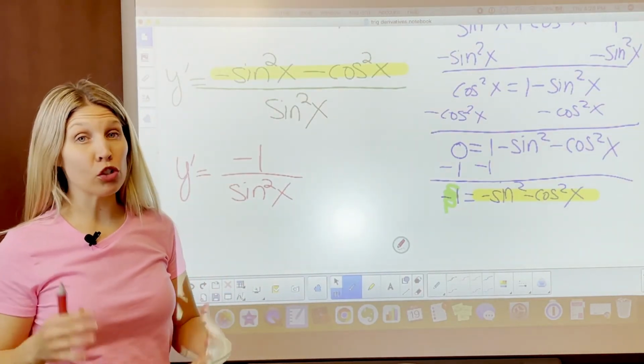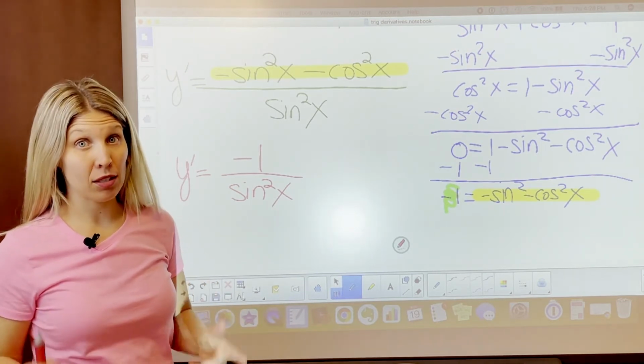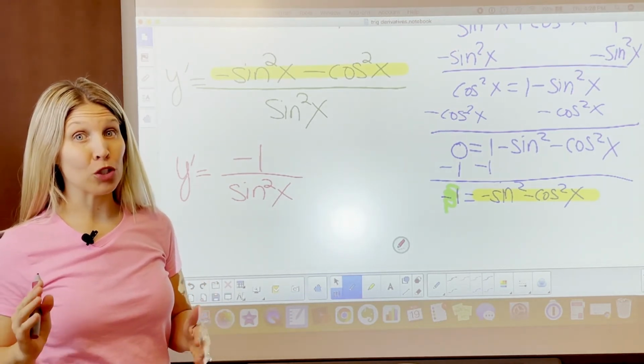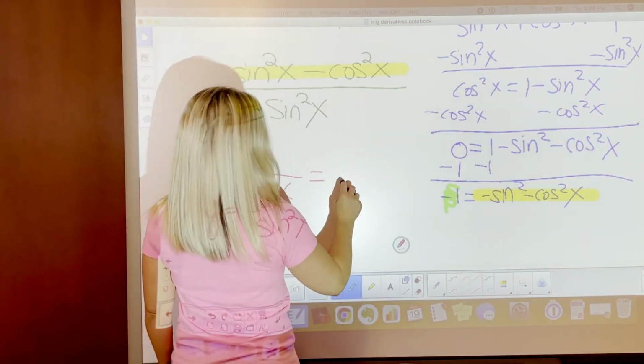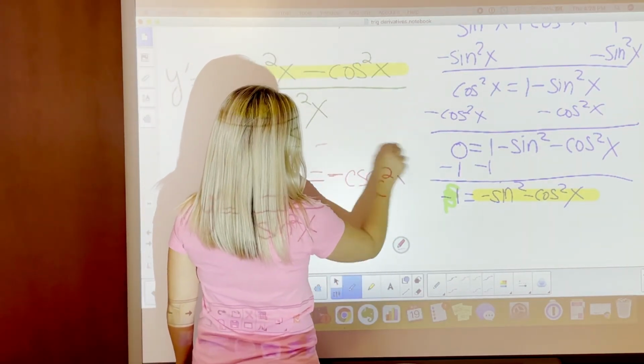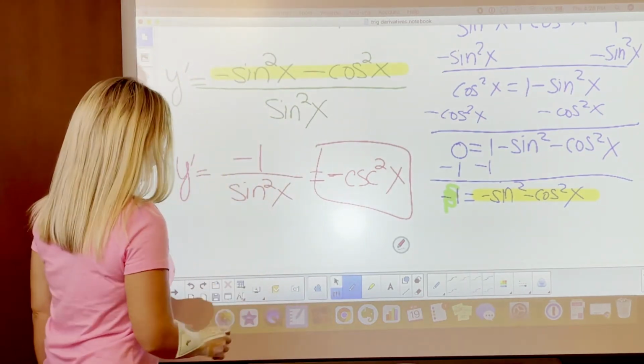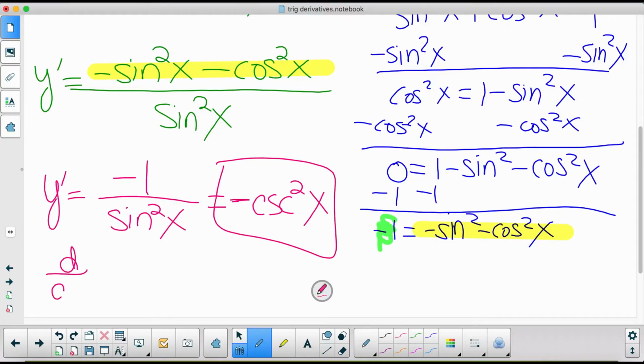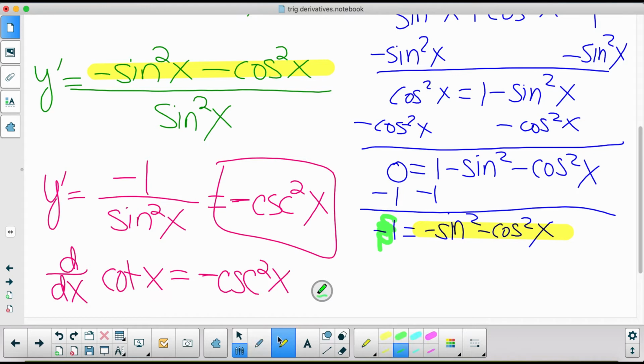Which trig function is 1 over sine of x? Hopefully you remember it's cosecant. So now this answer is negative cosecant squared x, which means the derivative of cotangent x equals negative cosecant squared x.